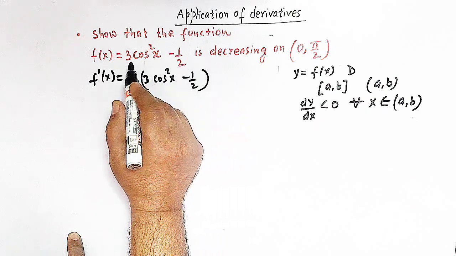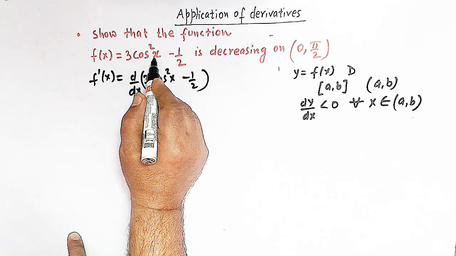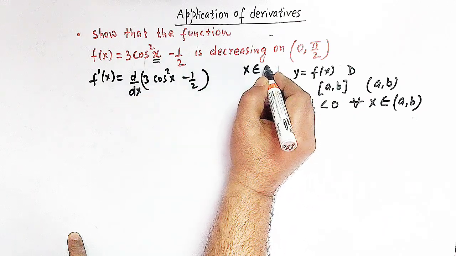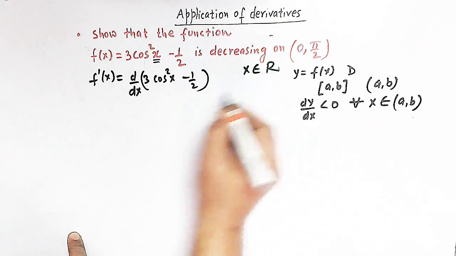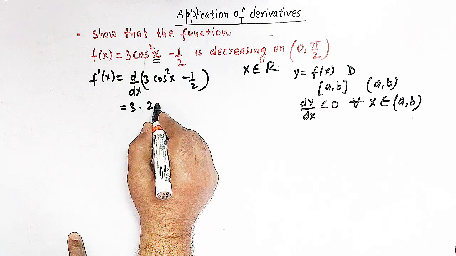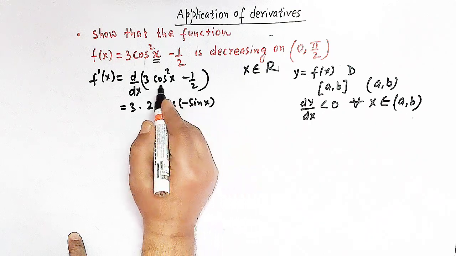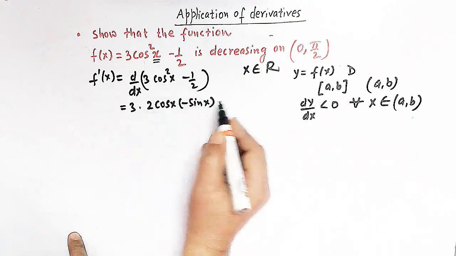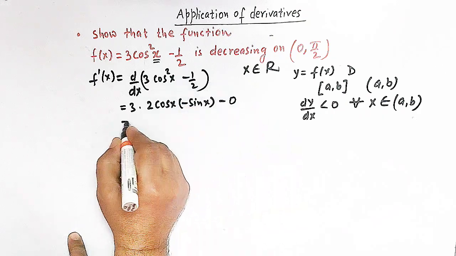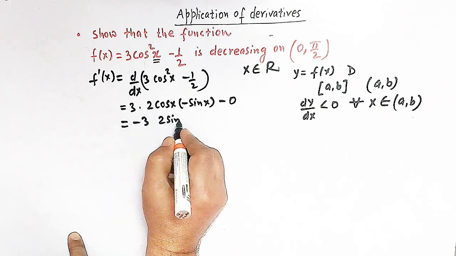Here it is important to note that the domain of this function is the set of all real numbers, so x belongs to R. The derivative of cos square x is 2 cos x, and by chain rule we have minus sine x, since the derivative of cosine x is minus sine x, and the derivative of half is 0. So here we have minus 3 times 2 sine x cos x.